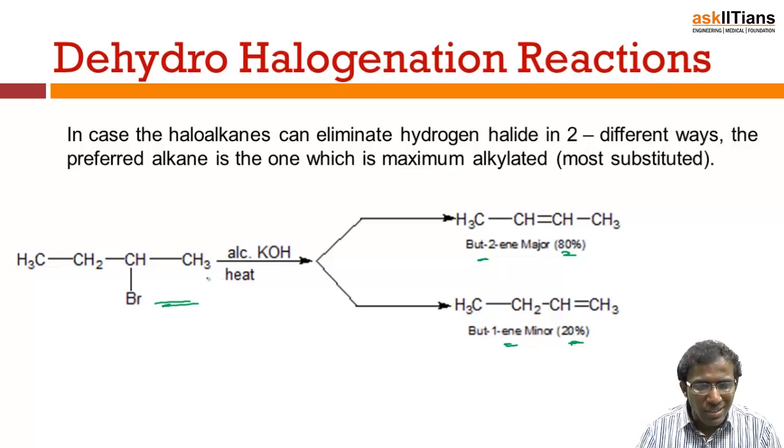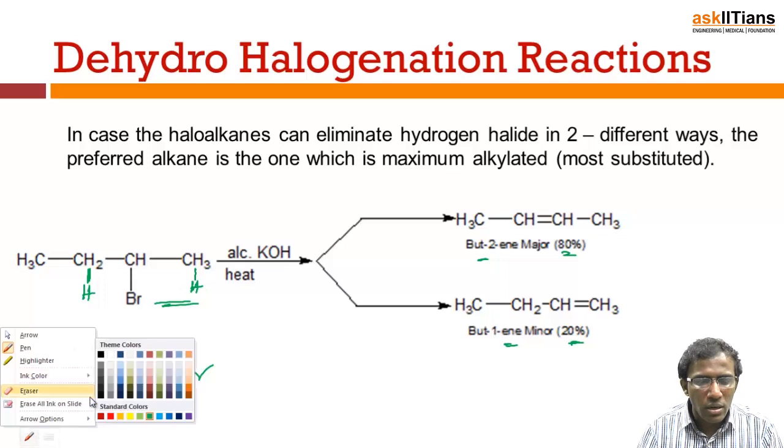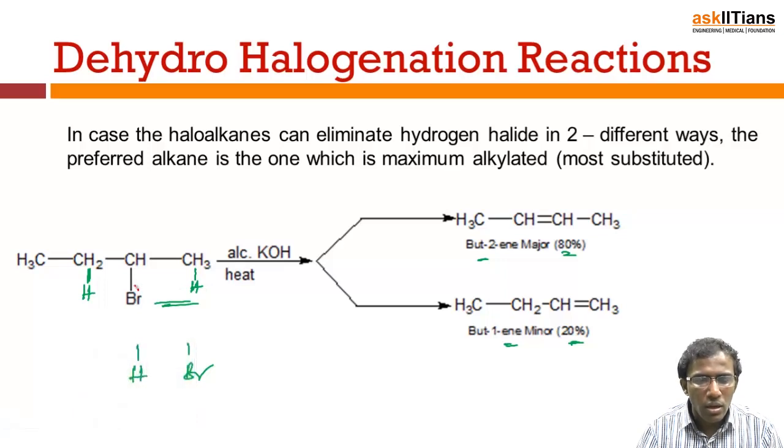You can see it is elimination of HBr. Always H and Br are eliminated from adjacent carbon atoms. Here there is a hydrogen atom on this side, and a hydrogen atom is present on the other side too, right? So this hydrogen along with this bromine, this HBr may go out. If this HBr goes out, you will get a double bond here, that is this product.